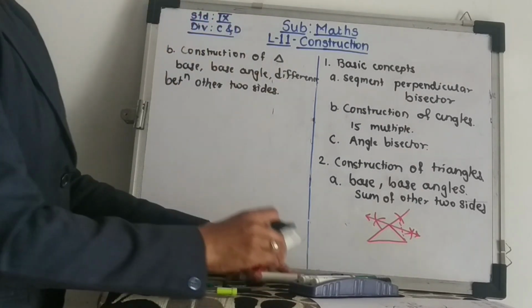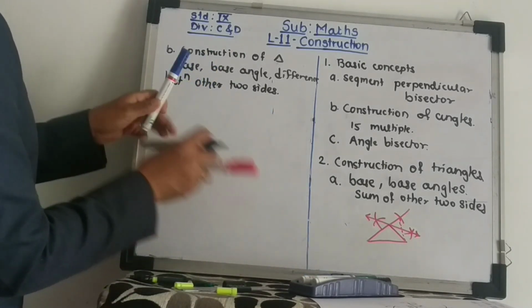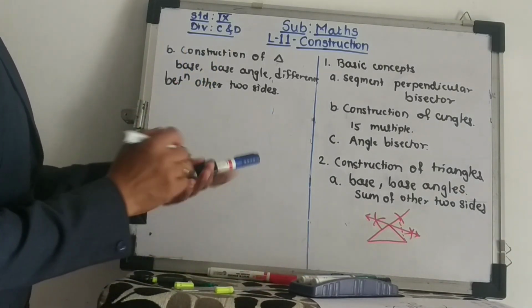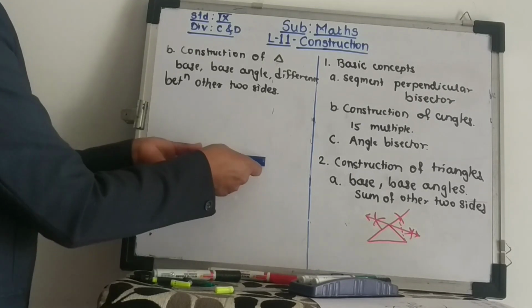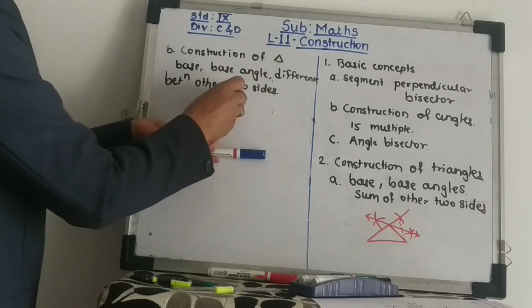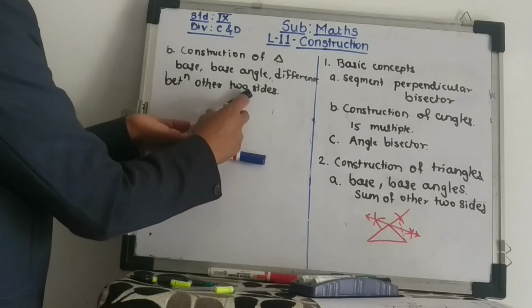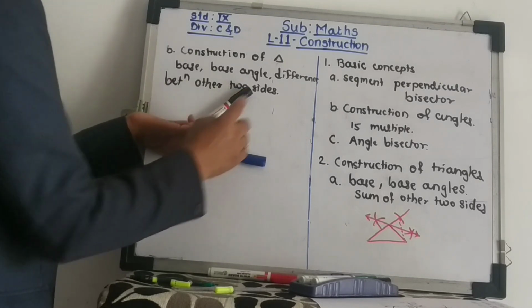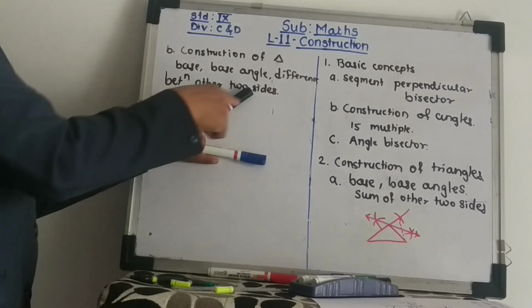Other 2 sides means, see, suppose this is our baseline and this is the angle which is formed, right? So when the difference is given, that is what?